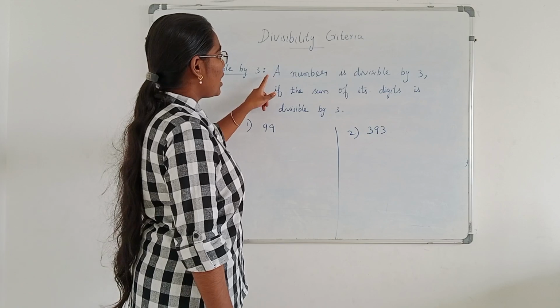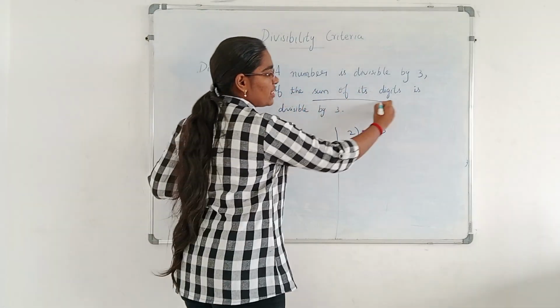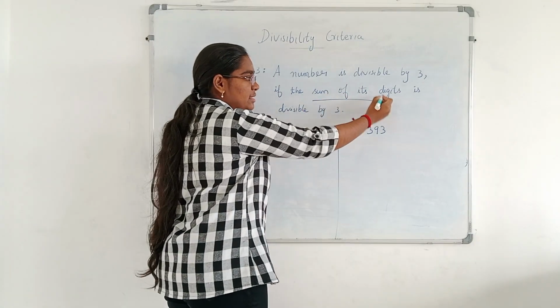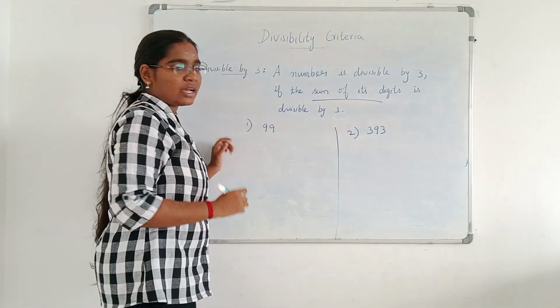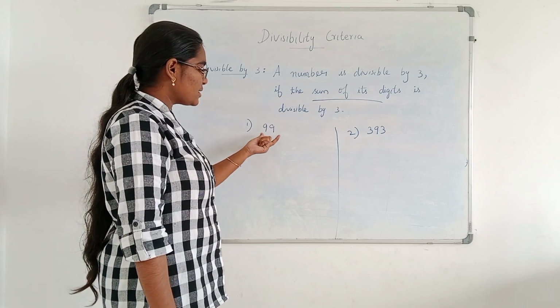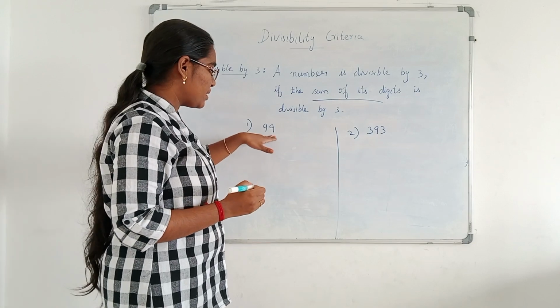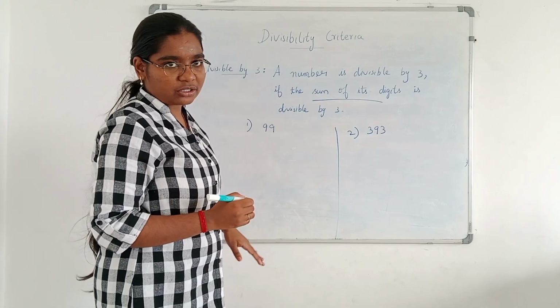Divisible by 3. A number is divisible by 3 if the sum of its digits is divisible by 3. For example, consider 99. You have to check whether this number is divisible by 3 or not.